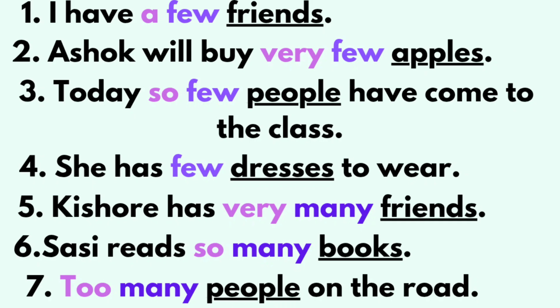Very many people, so many people, too many people. These intensifiers are making quantifiers stronger. Too many people means we cannot count. So many people means again just increasing the percentage, right? Increasing the percentage of books and people. I hope this is clear.